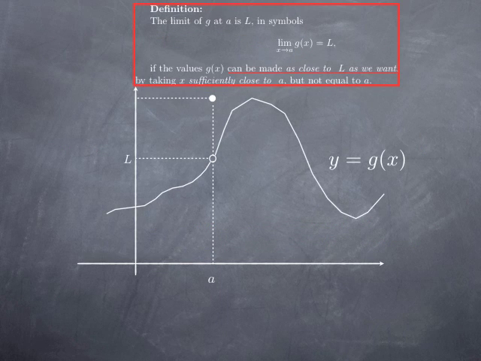So now we have a definition of limit. And we have illustrated on a picture how to interpret this definition, and it's good enough for us to understand what it means. However, it's not good enough to be used for formal proofs.